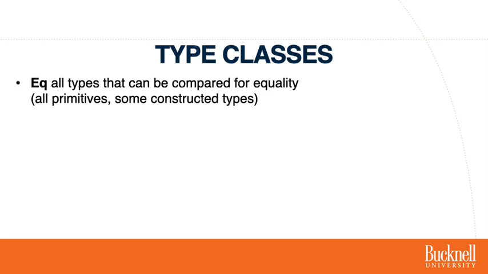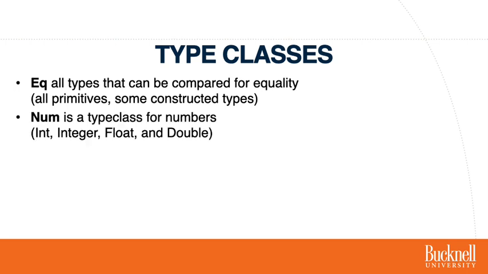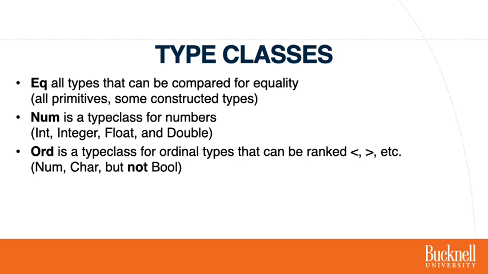To infer types, Haskell uses type classes. Eq is one of those classes. Eq is all types that can be compared for equality. This is all primitive types and some constructed types. There's also Num, which includes int, integer, float, and double. Ord is a type class of values that can be ranked using less than, greater than, less than or equal to, greater than or equal to, and so on.